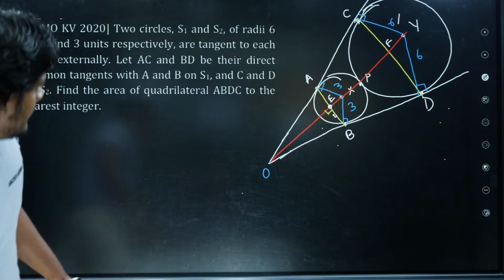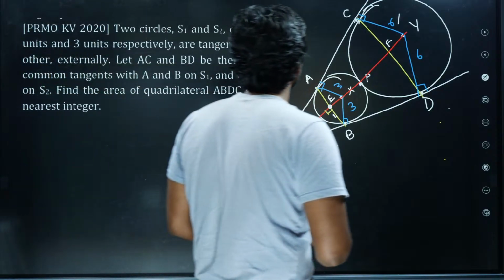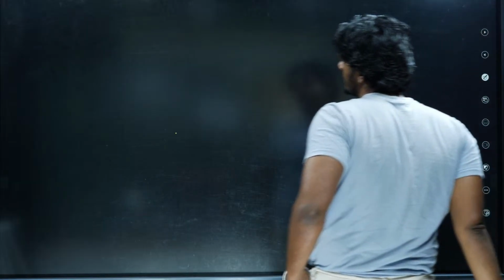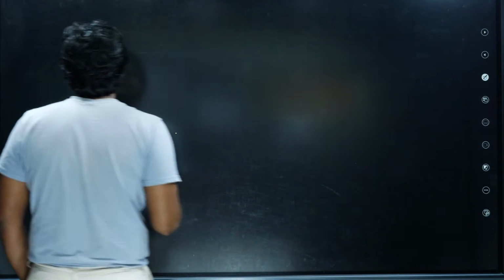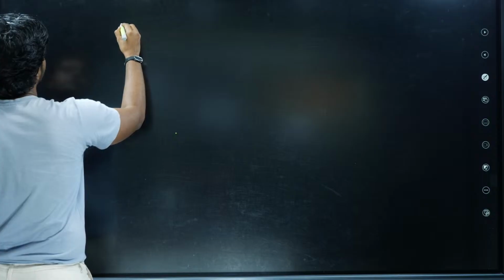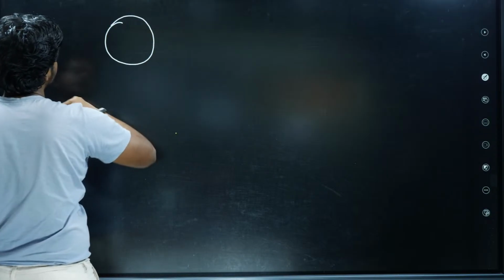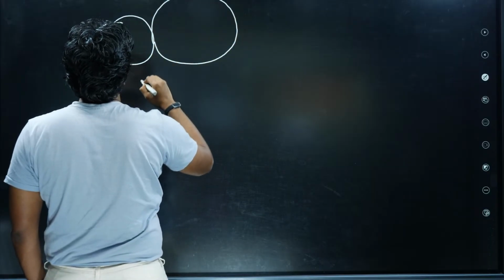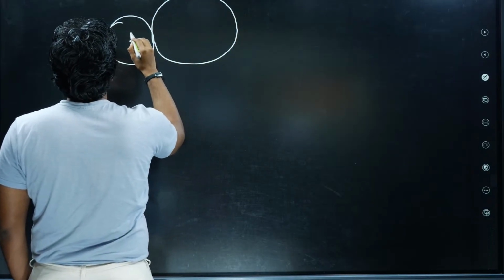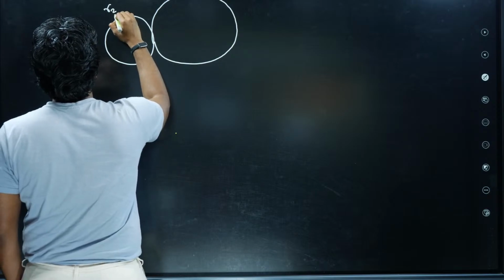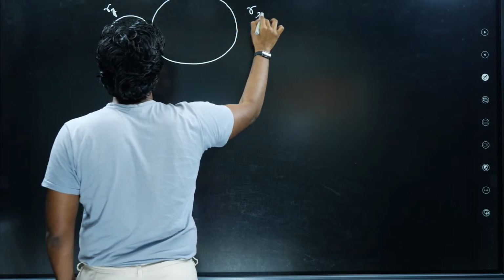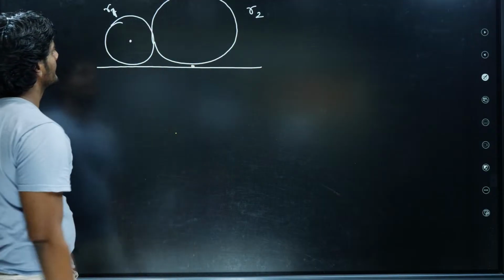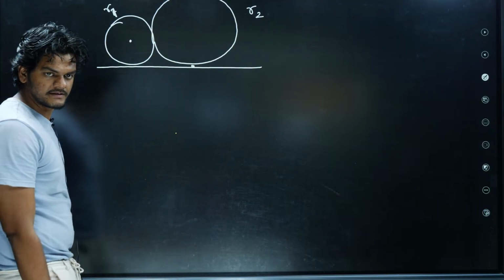Okay. So first of all, something could be said. First, we need to see what happens with the common tangents. If I have two circles of radius R1 and R2, this has R1, this has R2, and we have this common tangent.